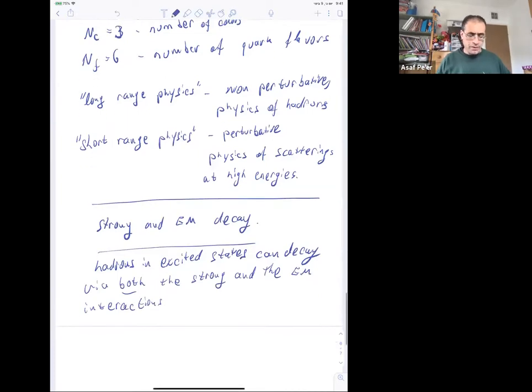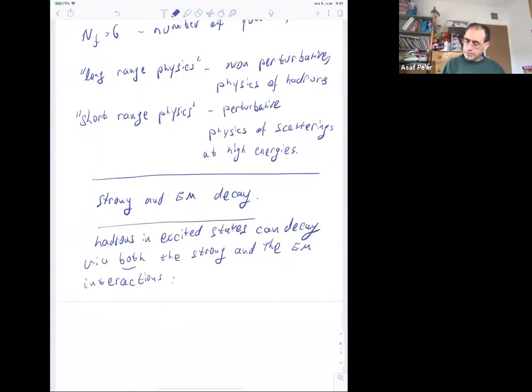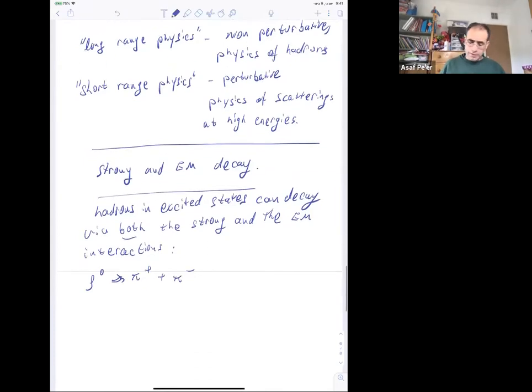For example, the rho meson, so this is an excited state, can decay into a pair of pions, right? So rho meson decays to a pion positive and negative charge. We can think of it, it can occur via the strong interaction.